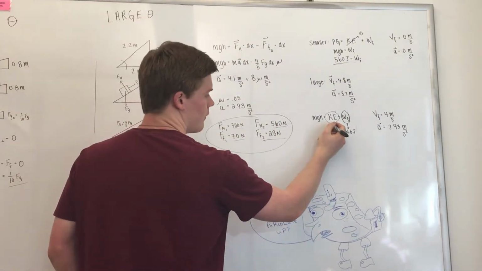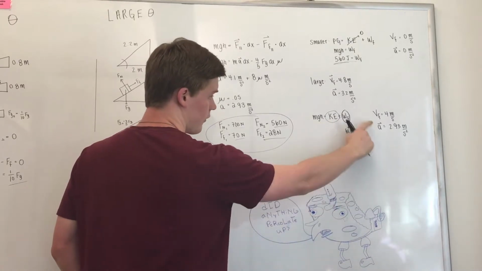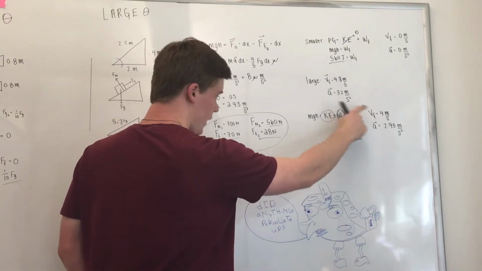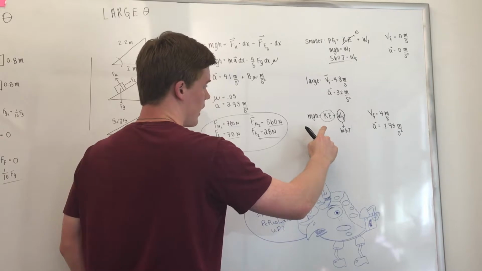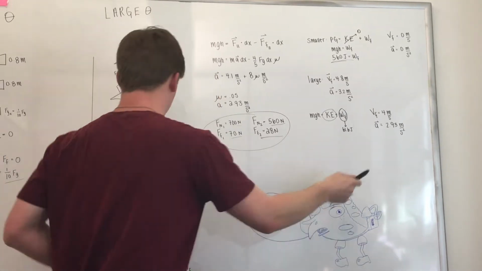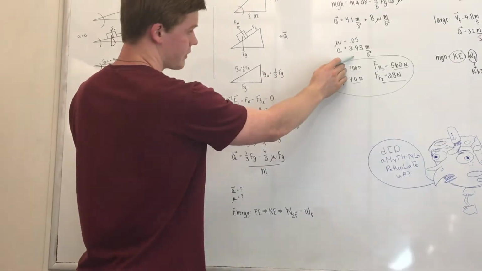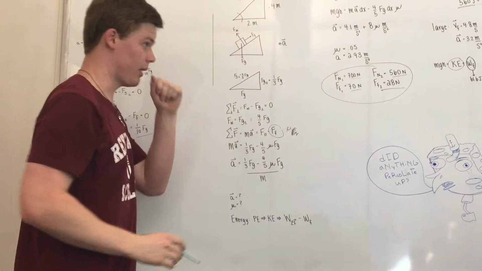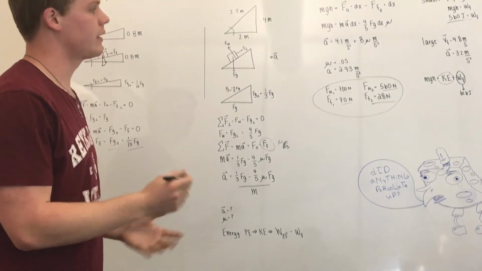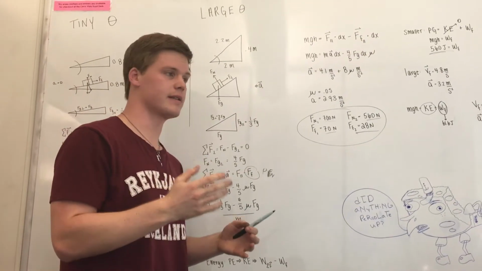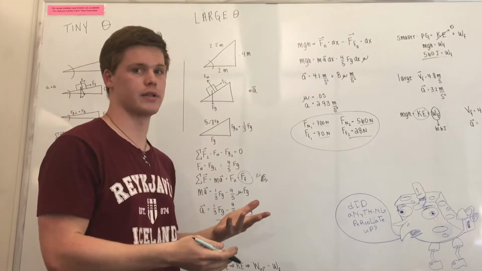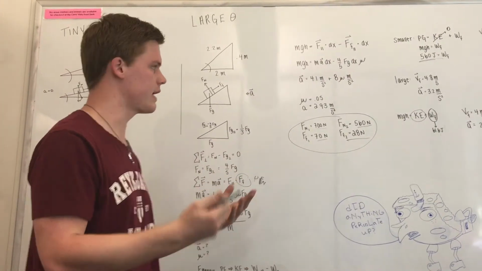And so when you solve for our final velocity, we get 4 meters per second. And when you solve for acceleration, like we did back here, you'd recall that that's 2.93 meters per second squared. And so we wanted to compare this and see if that was the actual acceleration and velocity we could see in the video using kinematics.